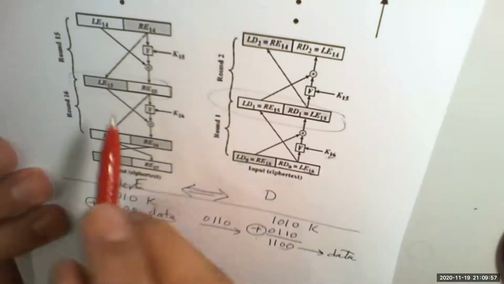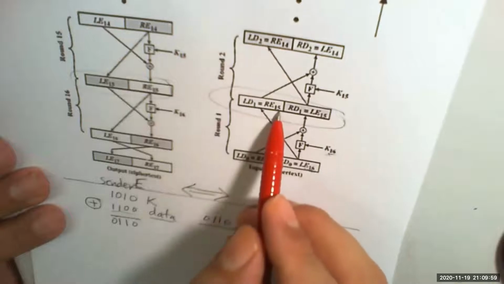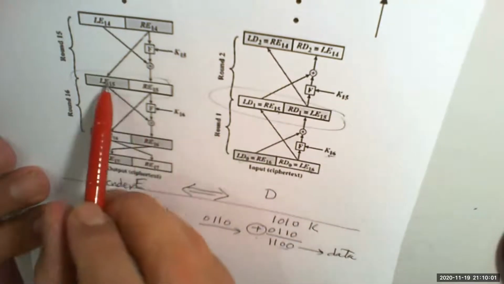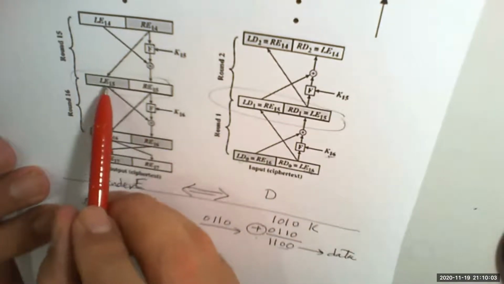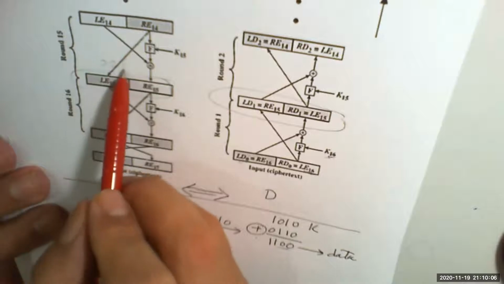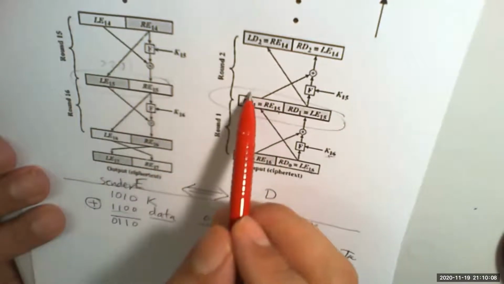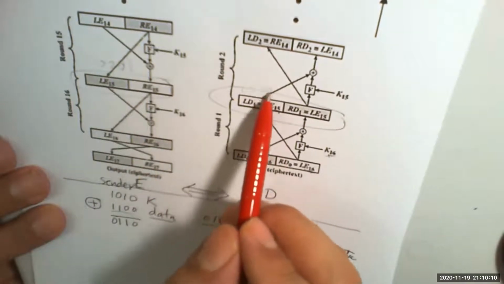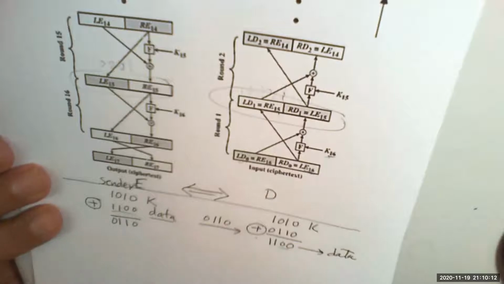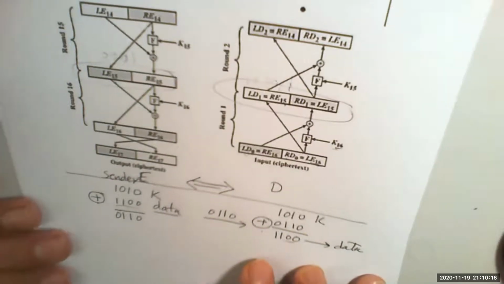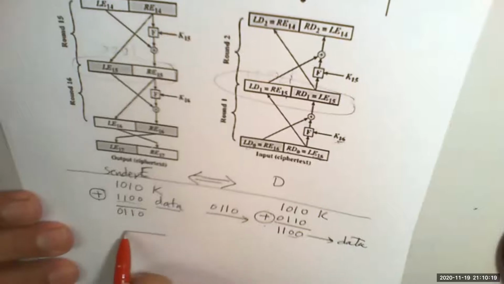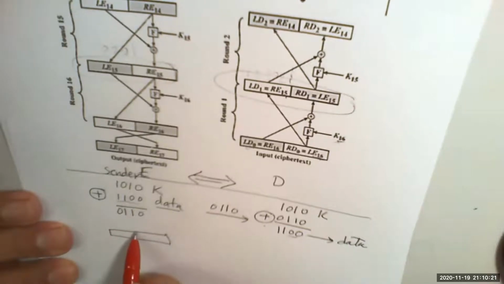We prove that the data here is the same as the data here. Here we have data, for example, 10001. I will find it is the same 10001, the same data exactly. So how to prove that? We draw the last round here.